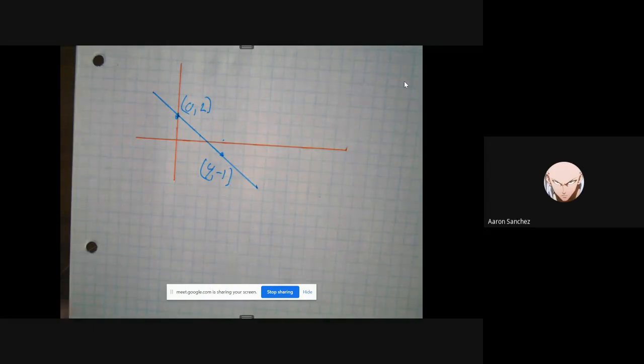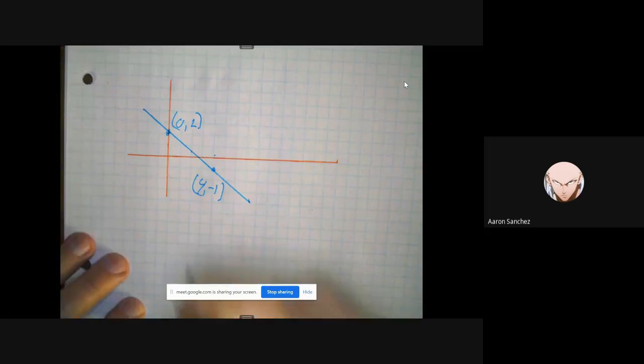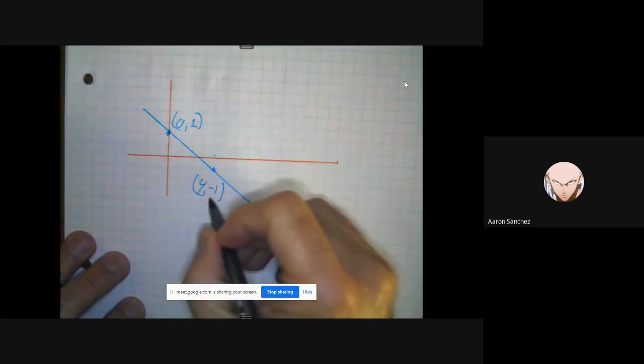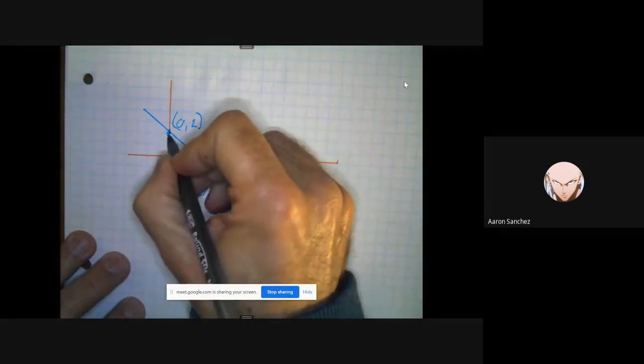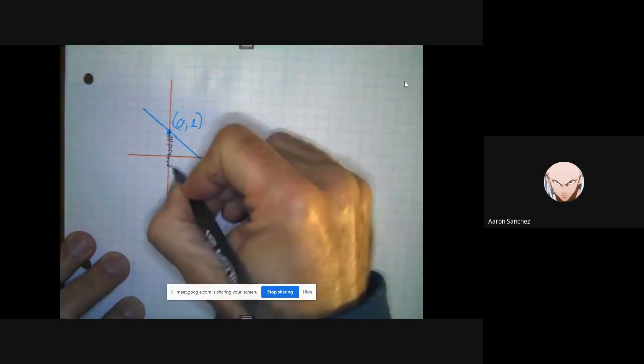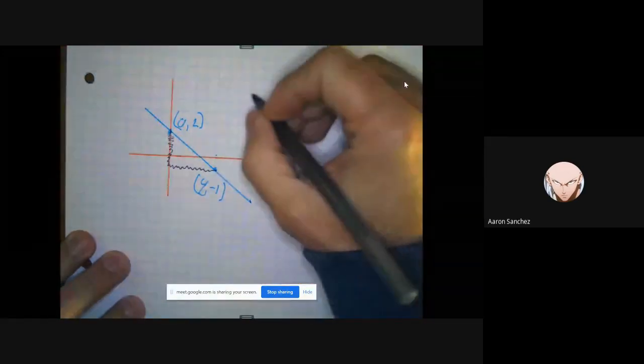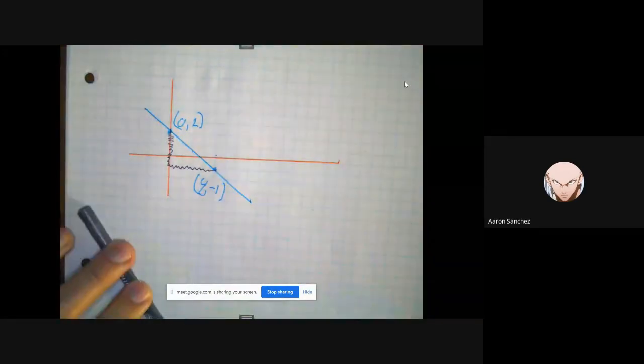Draw it out. And you can use this for your notes. So we want to do our rise over our run. So how far down do we go? How far across?